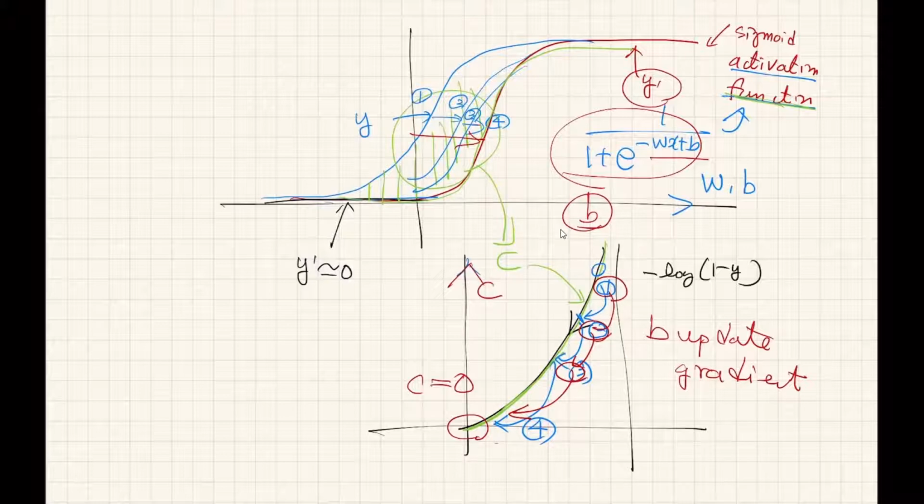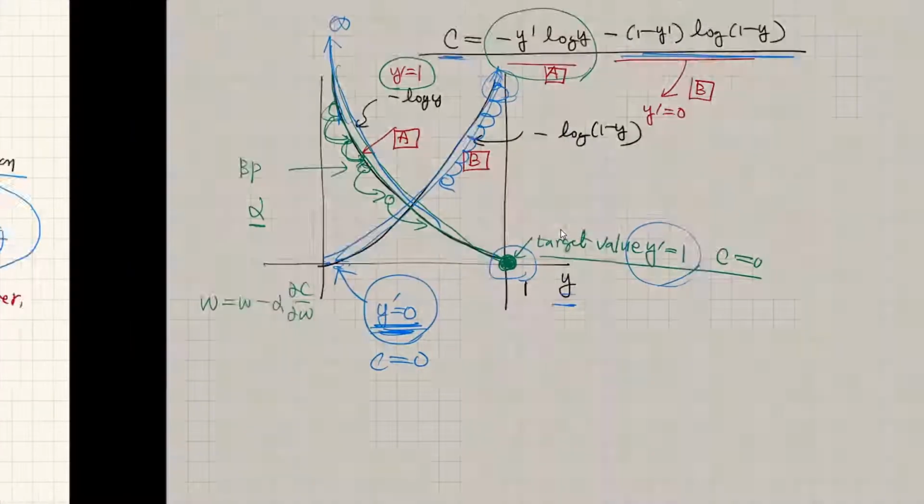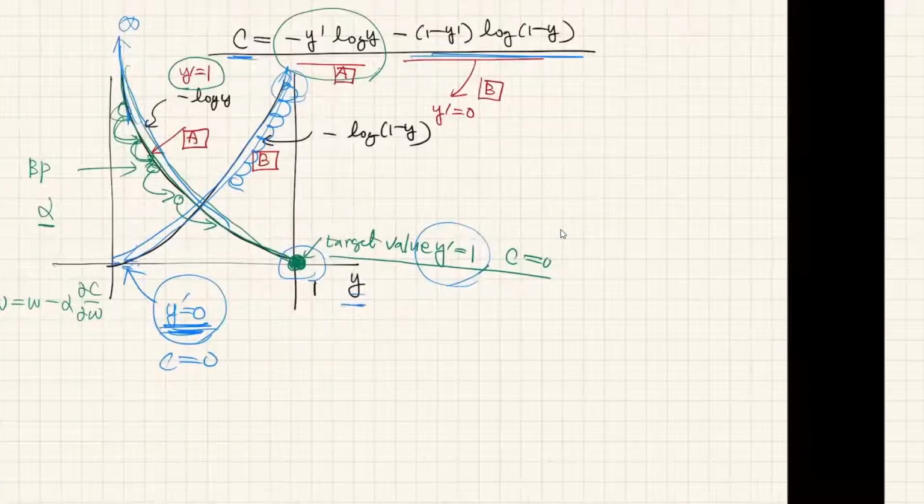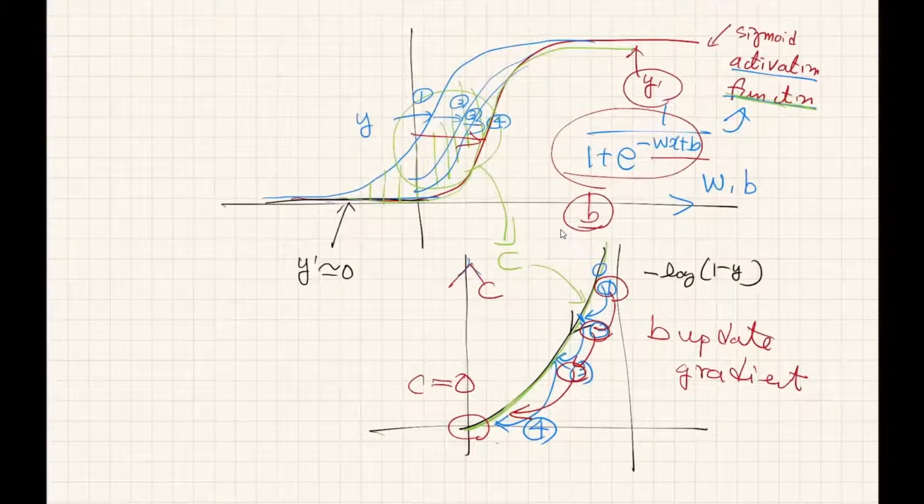Now, at this moment of the class, I would like to give you the whole picture of forward propagation and backward propagation in a case where the perceptron has a sigmoid activation function and a cross entropy cost function. So here I'm talking about the case of training b.